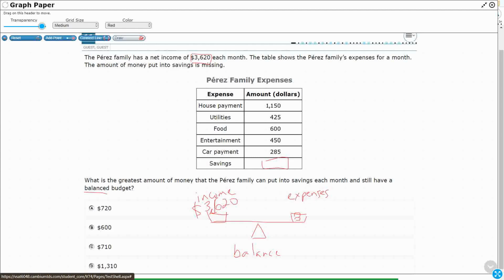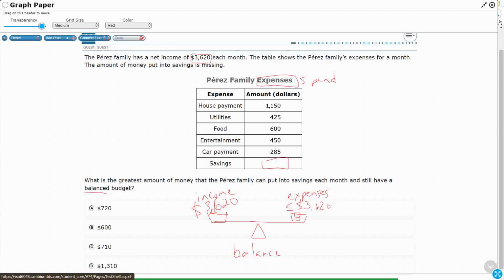What we want is for it to be less than or equal to 3,620, because it's fine spending less than you make. What you don't want your expenses to be, that's how much you spend on items like house payment, utilities, food, and so on, is greater than that, because now you're spending more than you make each month.